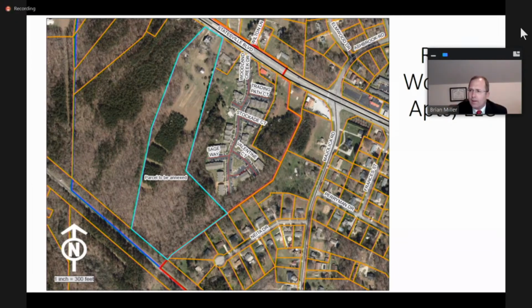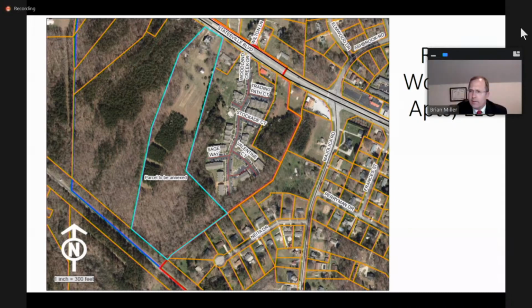Wendy, my mind is not as clear as it may have been at one time. Have we already approved a site plan for this and this is just an annexation step, or is that coming down the road? So this has been through TRC, and engineering is currently reviewing the construction plans. And as part of the approval, we did require them to annex for water and sewer services.